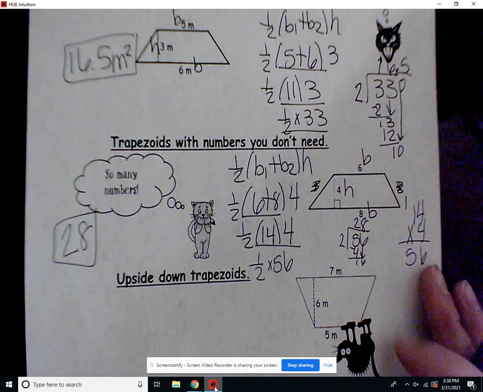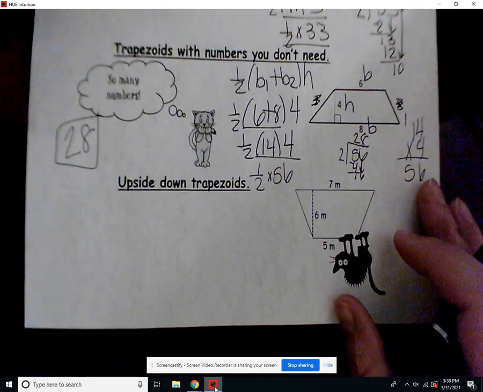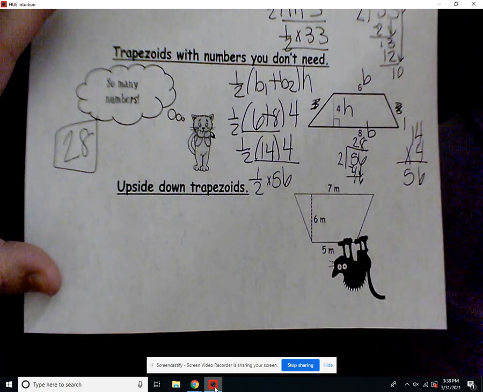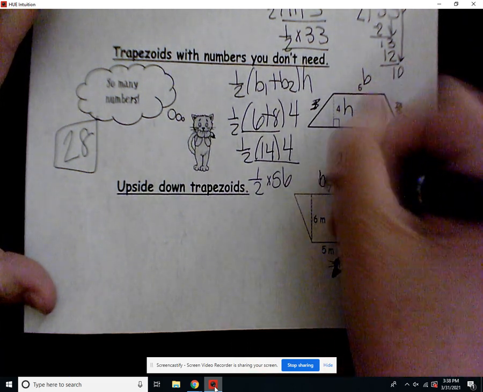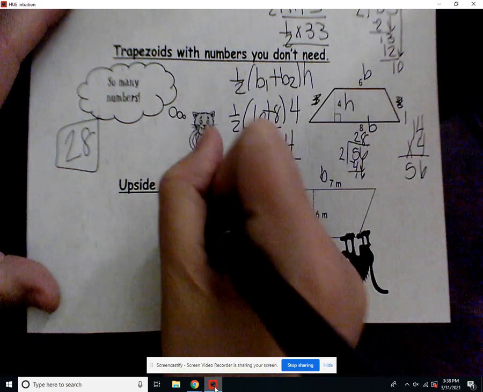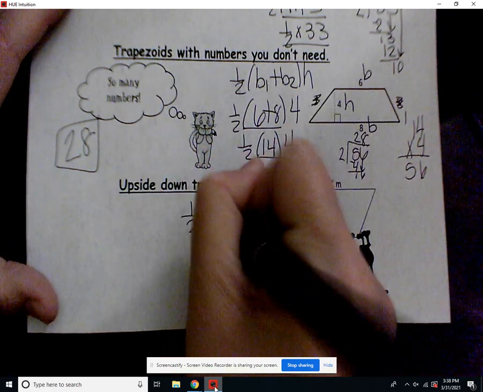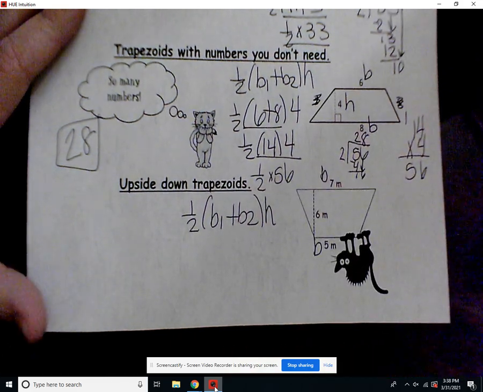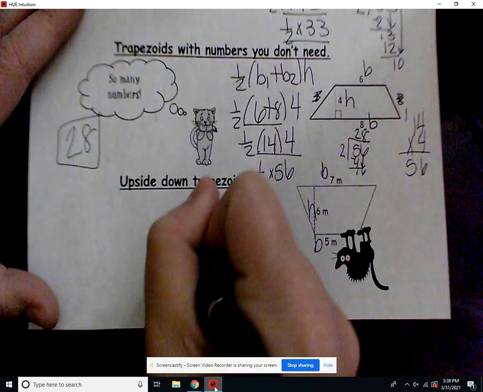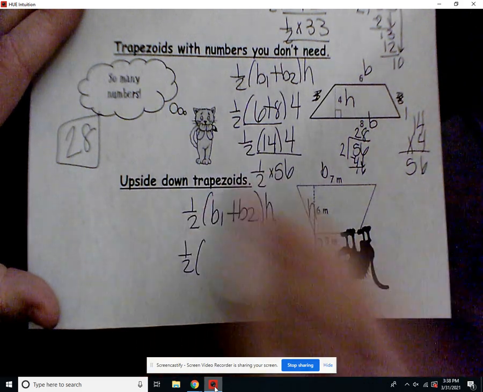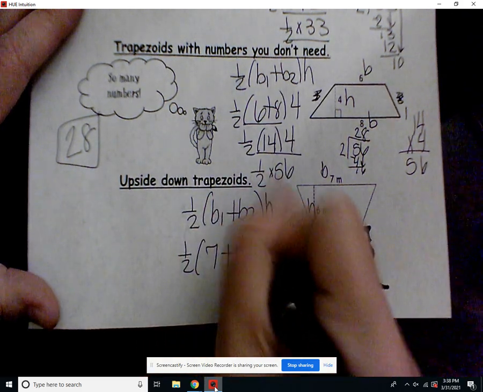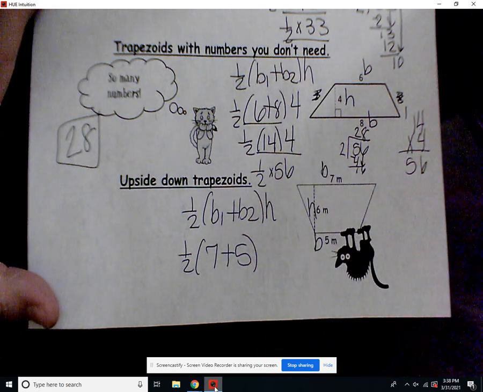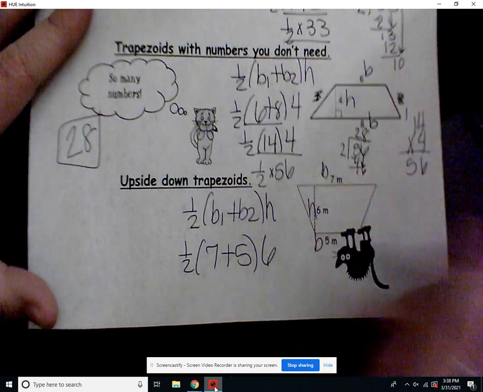All right, so upside down trapezoid. So it doesn't matter what it looks like, okay? It looks different, but the bases are still across from each other. So we have 1/2 (base 1 plus base 2). Now we're going to times it by our height. So for our bases, we have 7 and 5. Again, because they're across from each other, your height is basically in between your two bases, which is 6.